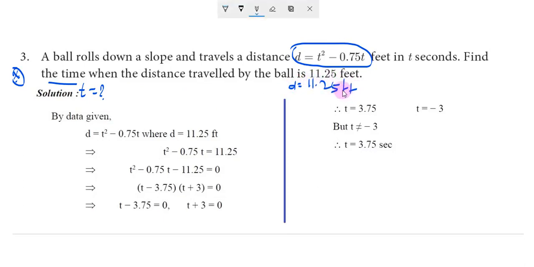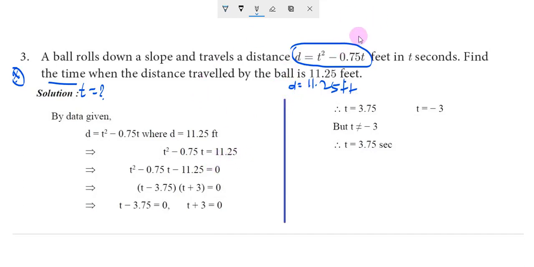So d equals t square minus 0.75 t, where d equals 11.25 feet. Apply this d value here inside, so t square minus 0.75 t equals the d value 11.25 feet.